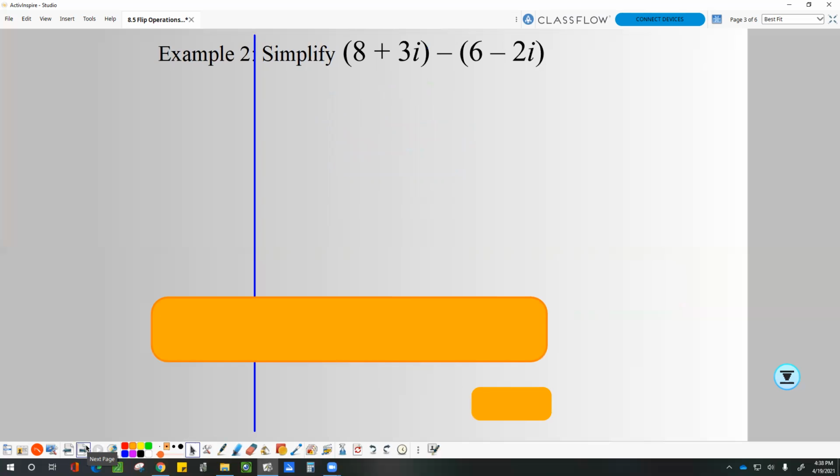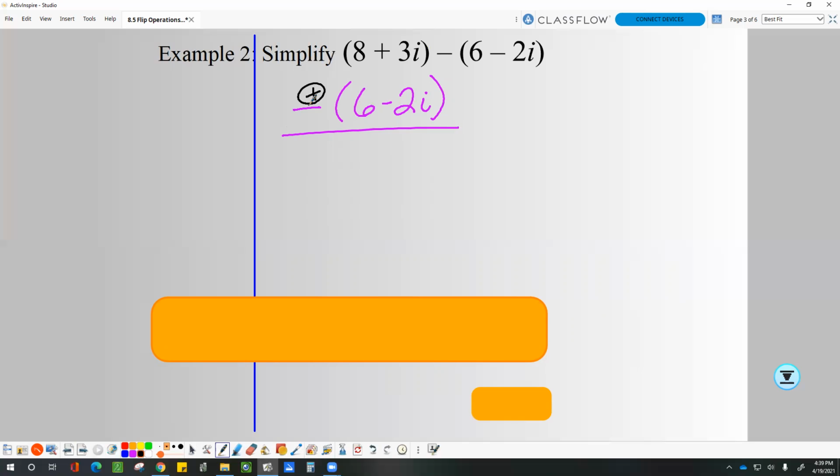You'll also need to subtract. Whenever I subtract this group, 6 minus 2i, I will change it to an addition problem, and I will change the signs inside.